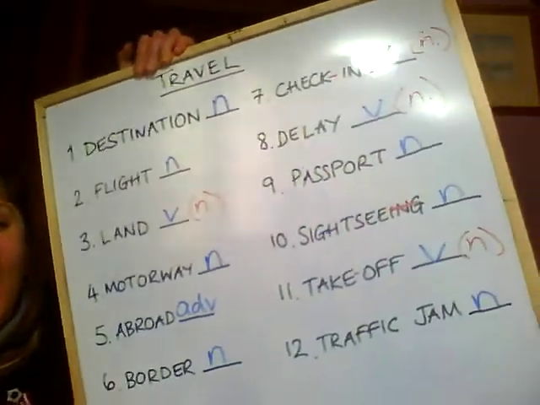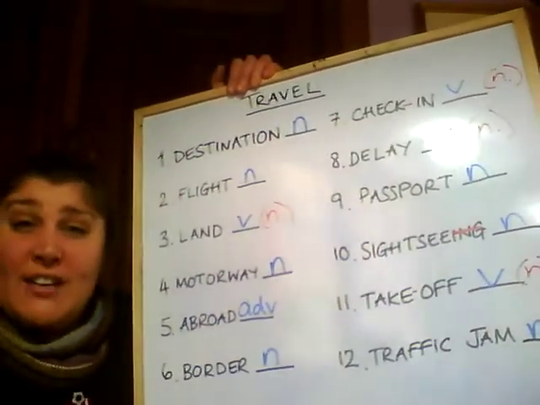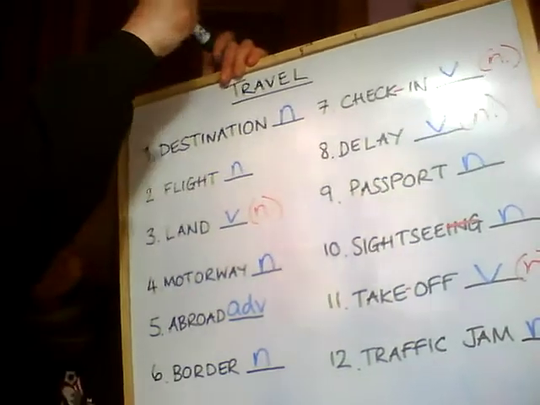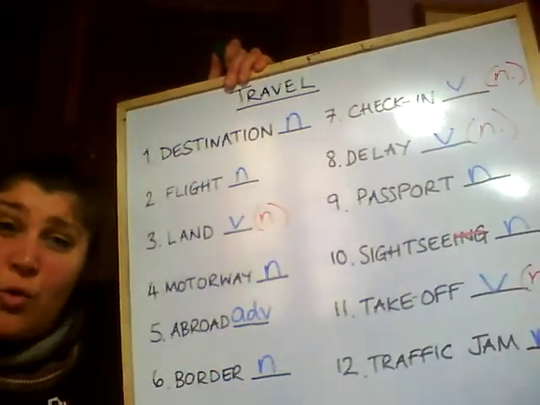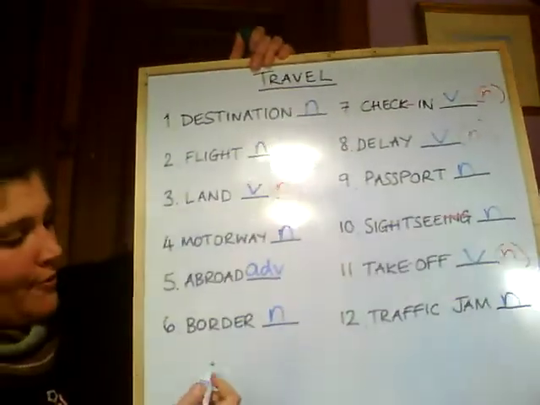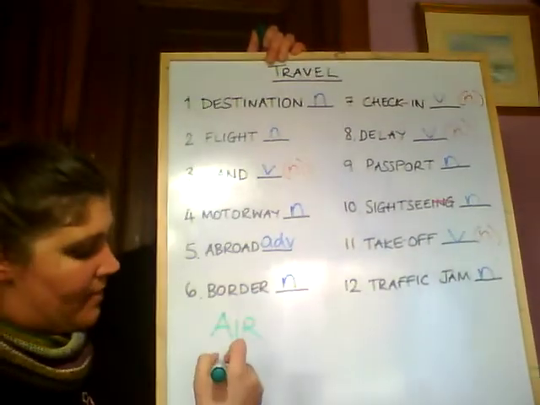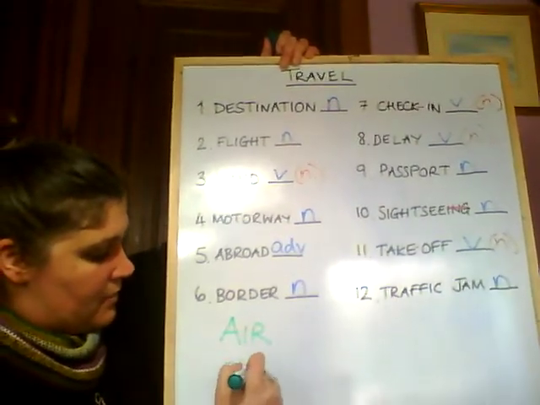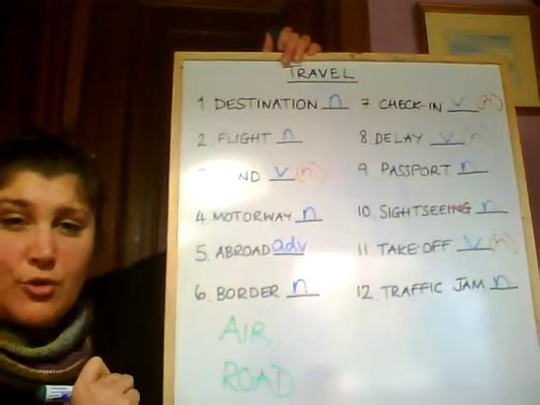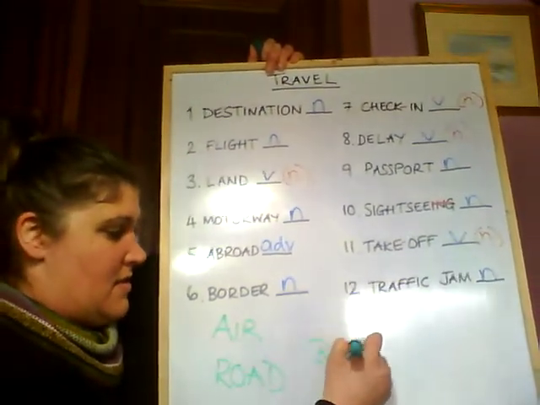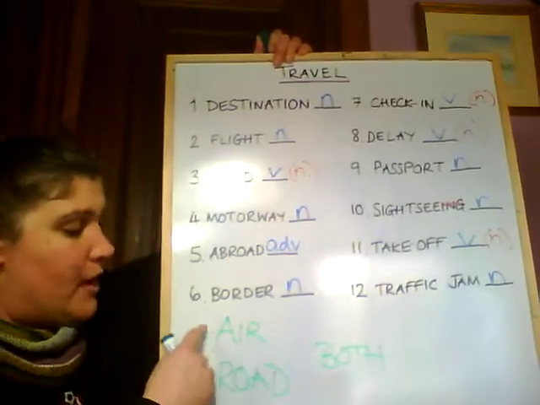Well done. So to finish today, let's go back to the vocabulary. Okay? And I'm going to give you 30 seconds to decide if all of these vocabulary refer to air travel, road travel, or they could refer to both.